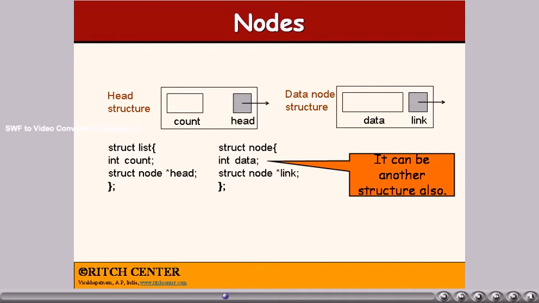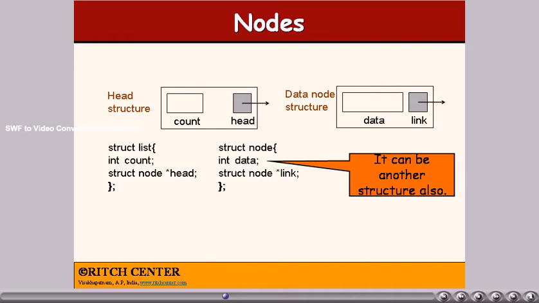It is not essential that everyone should have this approach, but we are discussing that such an approach is also possible. For example, in the head structure, here we are using 2 data members. One is count, the other one is a pointer, that is head, which may point to the node type of object. Whereas our struct node is as it is.